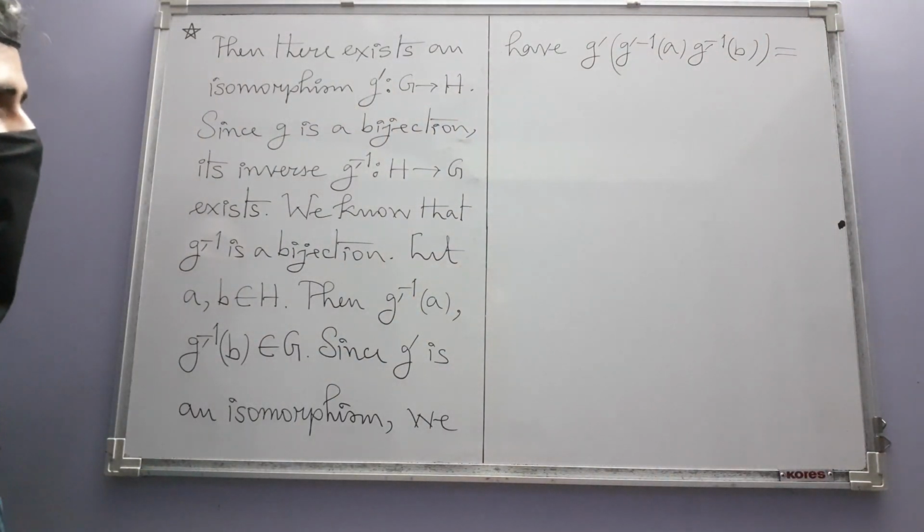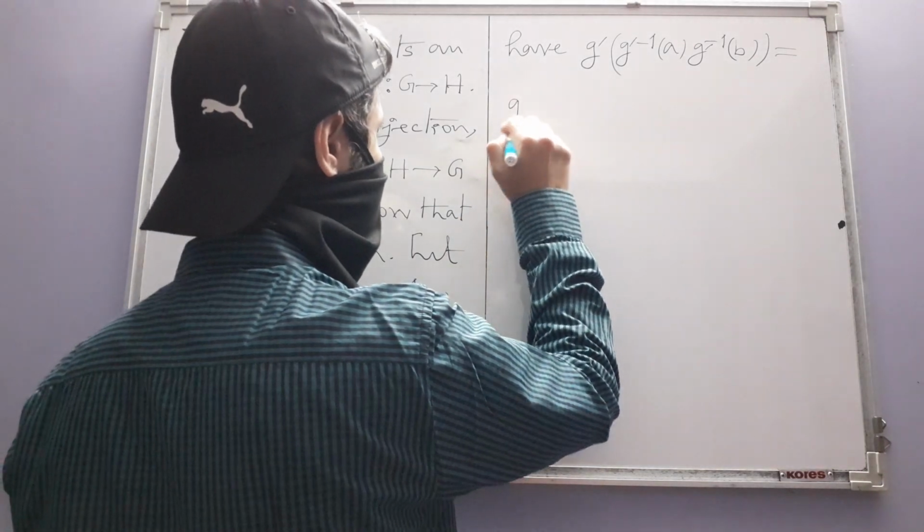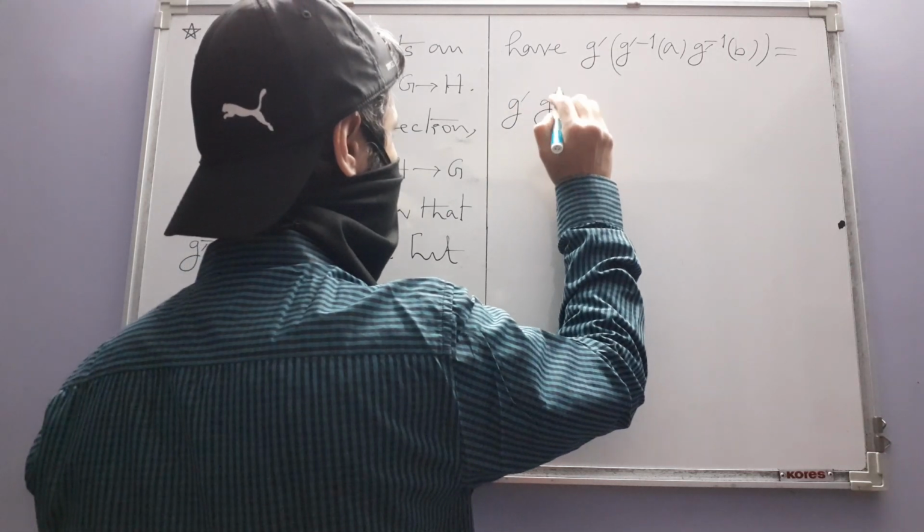If you calculate this using the fact that g prime is an isomorphism, you are then going to get this.